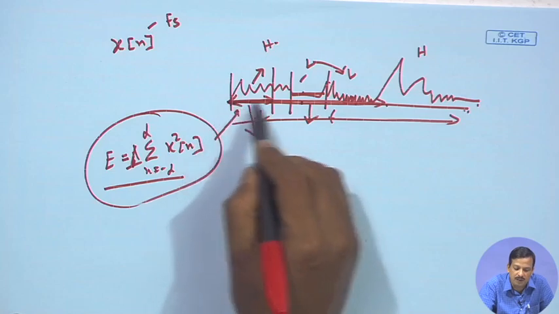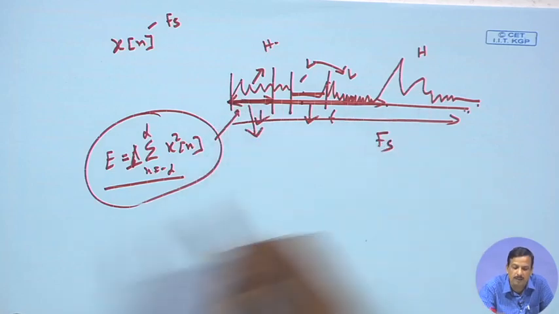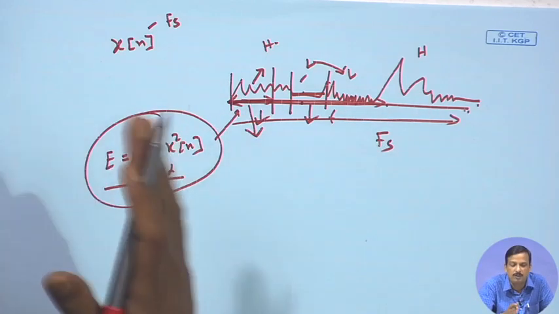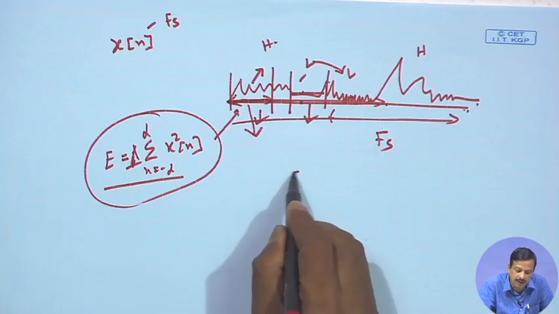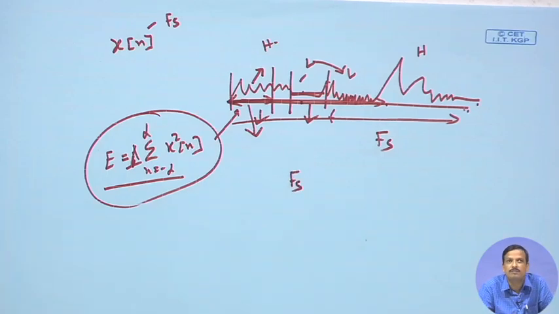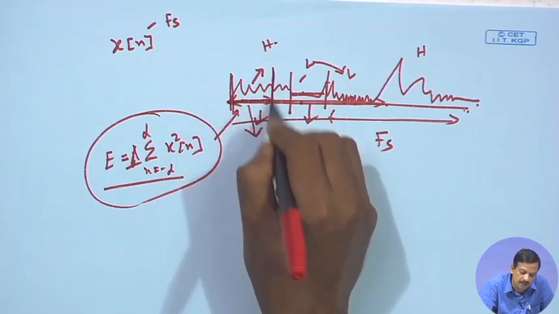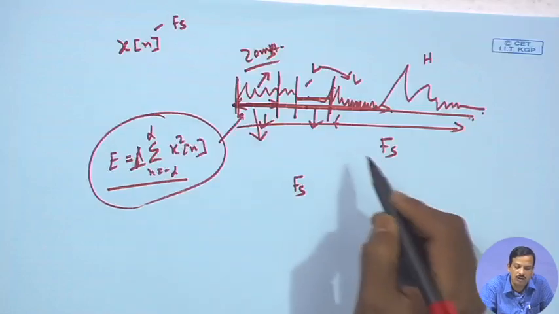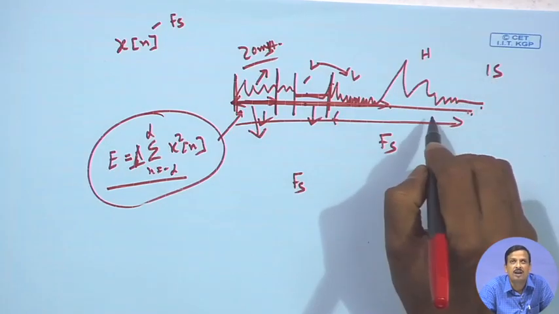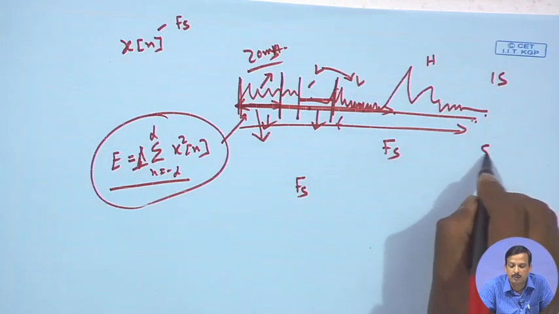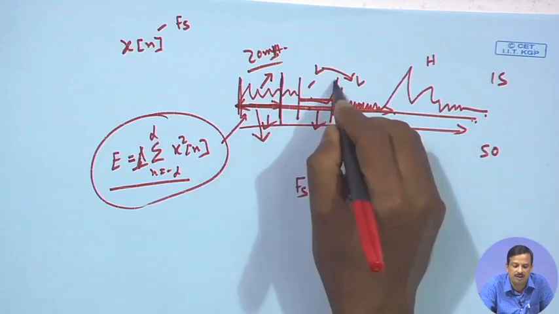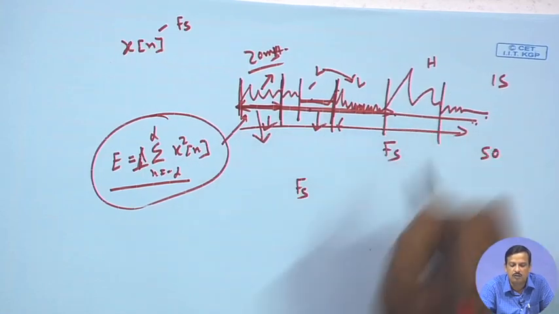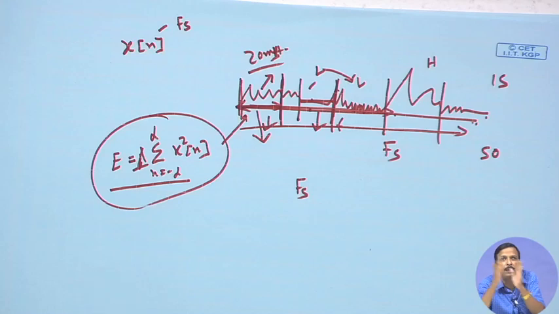So, if f s is my sampling frequency, then in 1 second I get f s number of samples. Now, if I window the signal, let us say with a 20 millisecond window, for a 1 second signal, how many frames will I get? I will get 50 frames if I slice the whole signal in 20 millisecond windows.